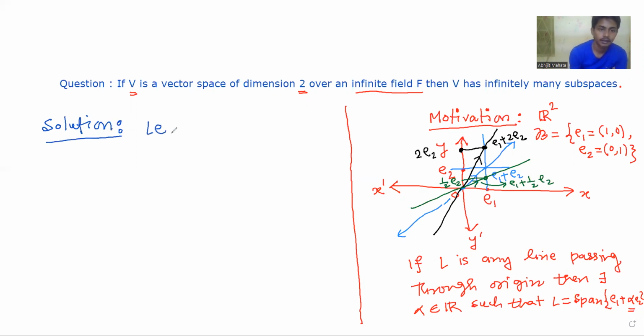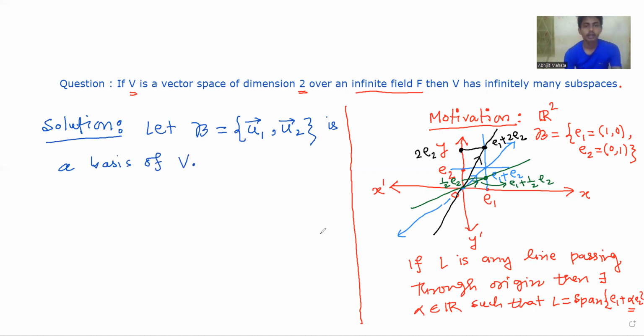Let beta, u1 and u2, be a basis of V. For R2 we had basis E1, E2, and using those we constructed the line spanned by the vector E1 plus alpha E2.